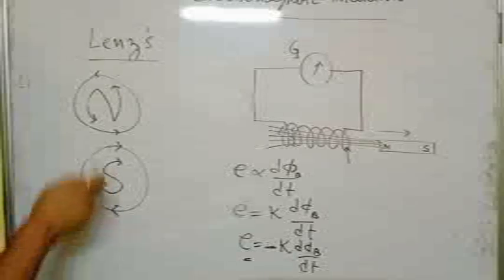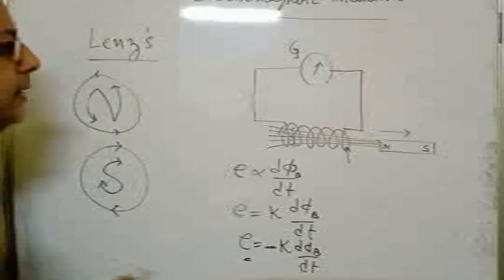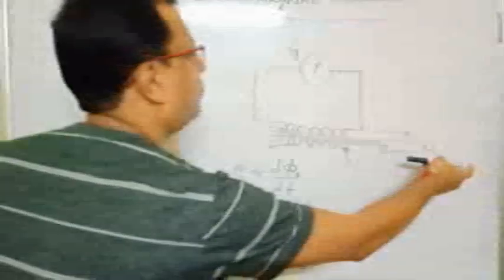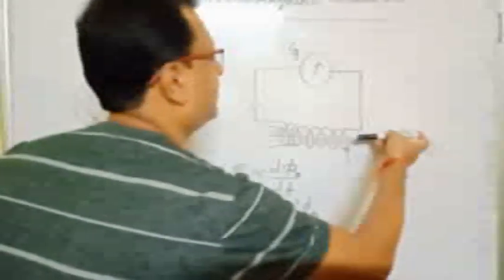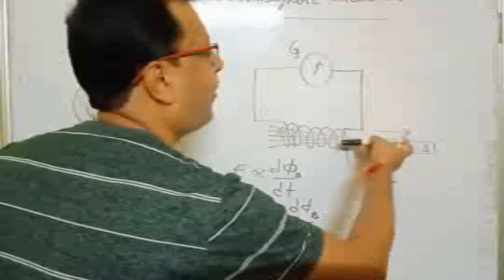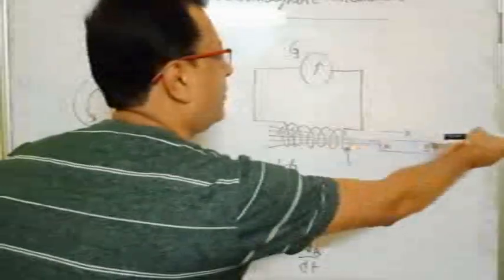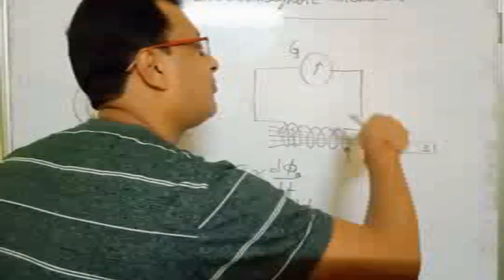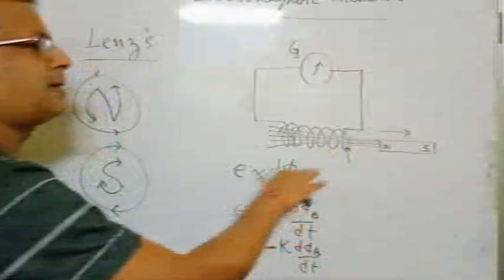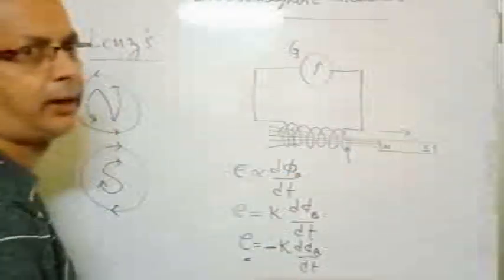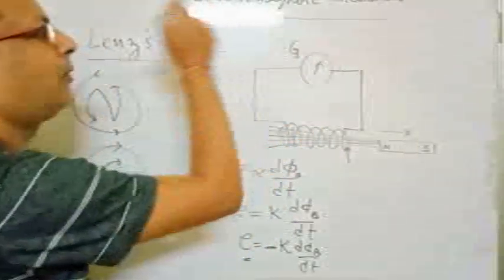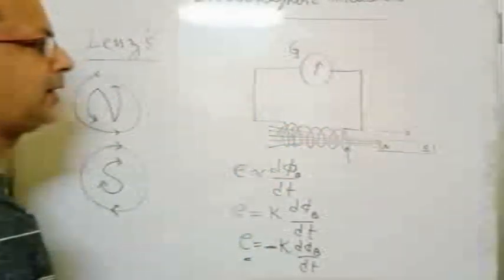So what Lenz found is very interesting. When we move the magnet towards the coil, there is a force of repulsion. And when we try to move the magnet away from the coil, there is a force of attraction. So in both cases, we have to do mechanical work, and that mechanical work is converted to electrical energy.